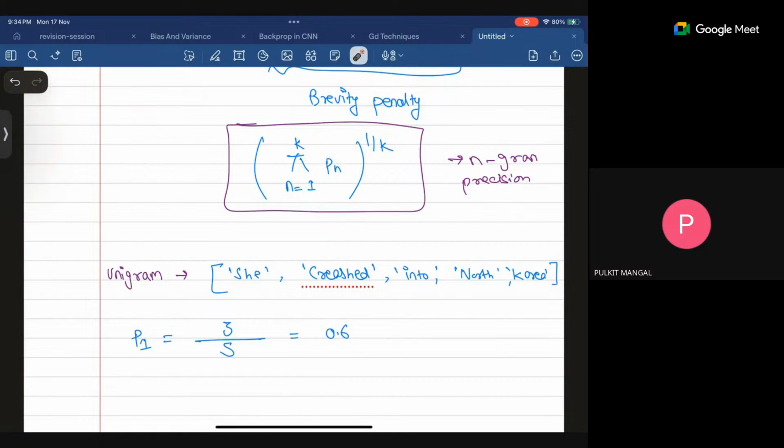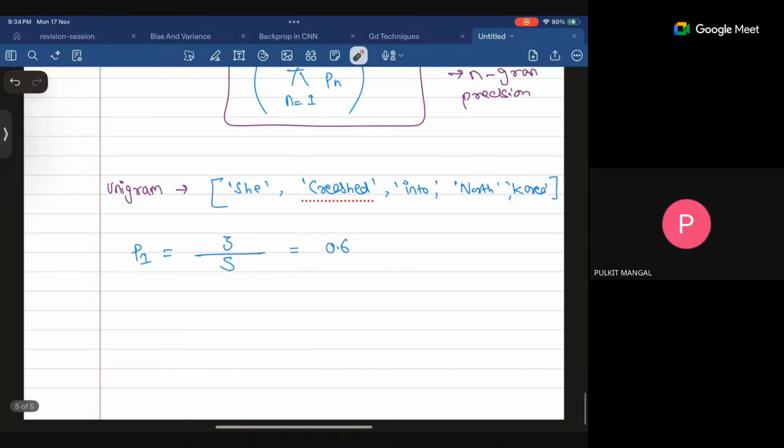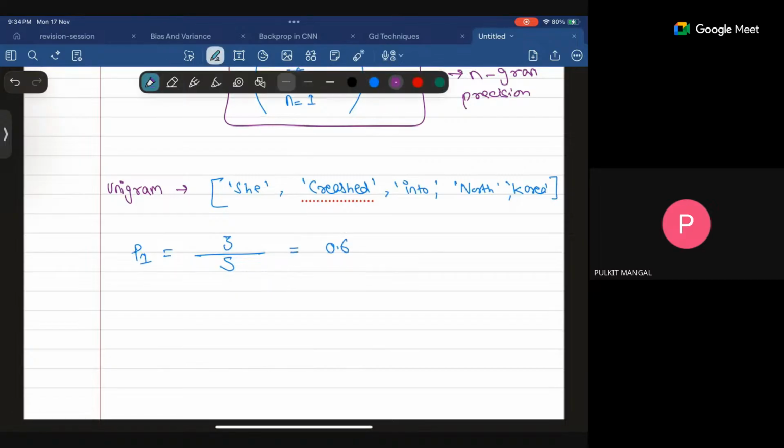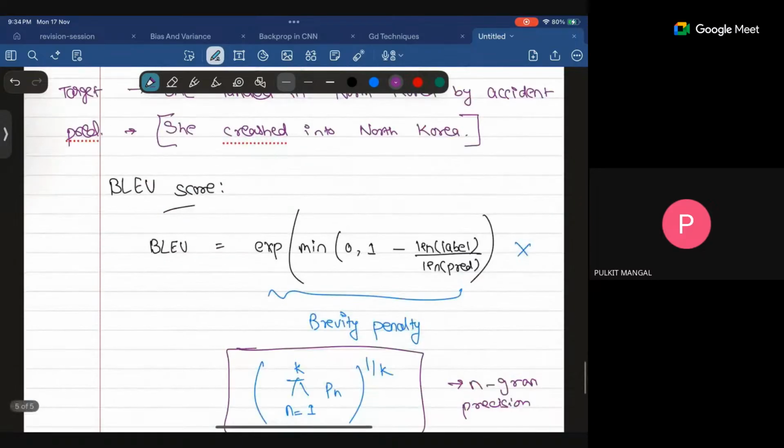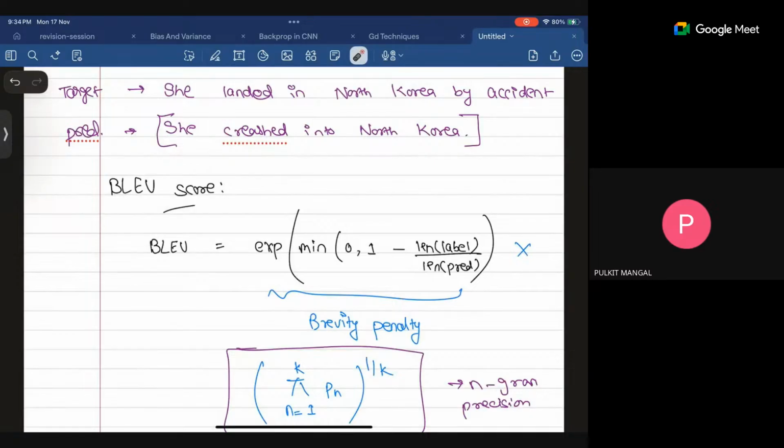I hope it's clear. Now let's move on to bigram. For bigram, you are going to make pairs of 2, but in sequence. That is, she crashed will be one pair. Then you slide the window: crashed into, then into North, then North Korea. After that, we do not have any 2 more words.